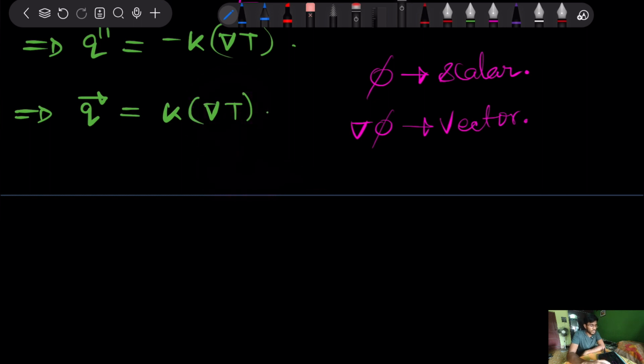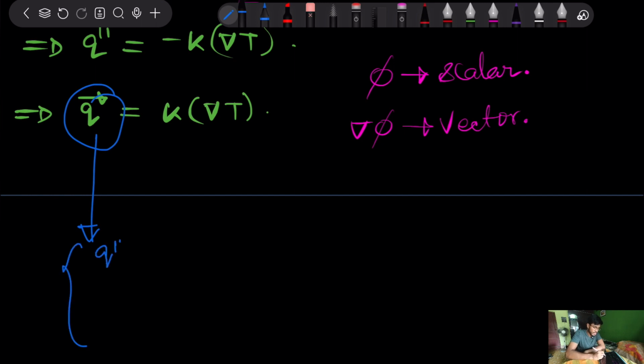Okay. So if I write this in terms of a matrix, this will be Qx, Qy, Qz.